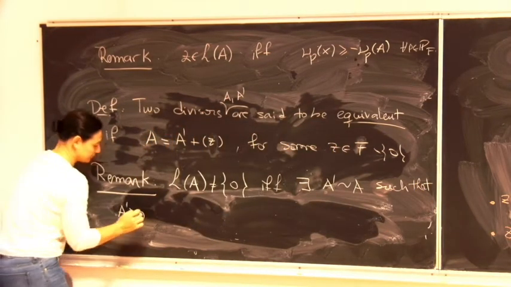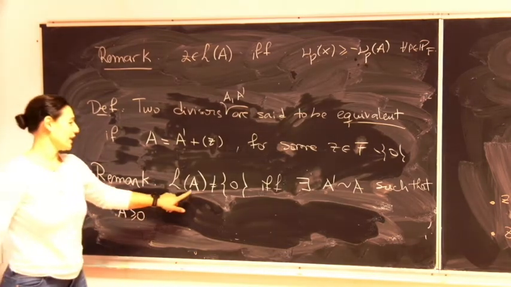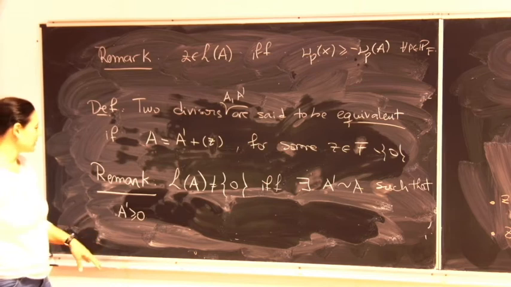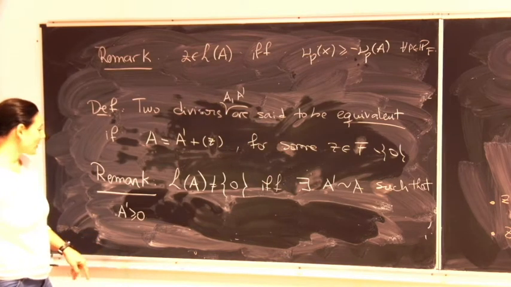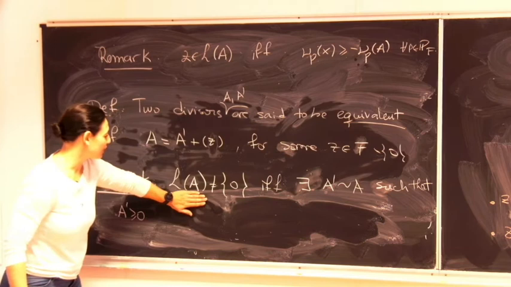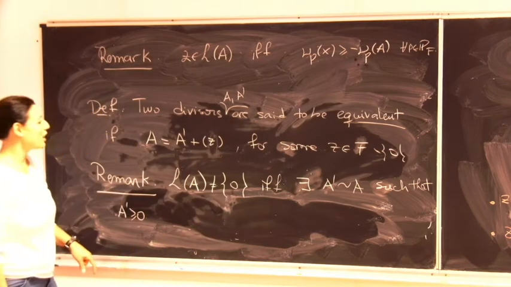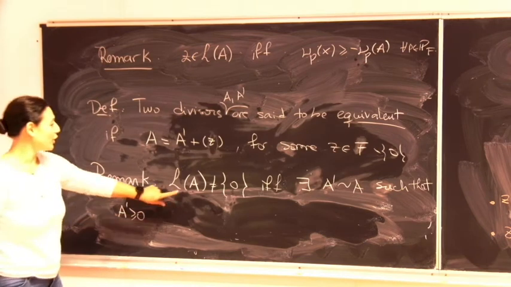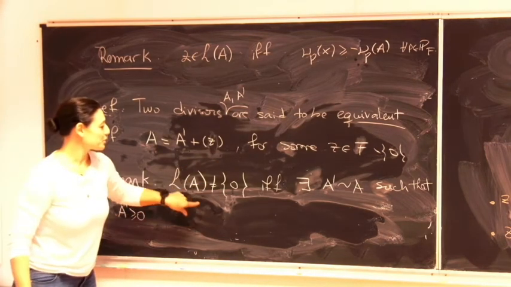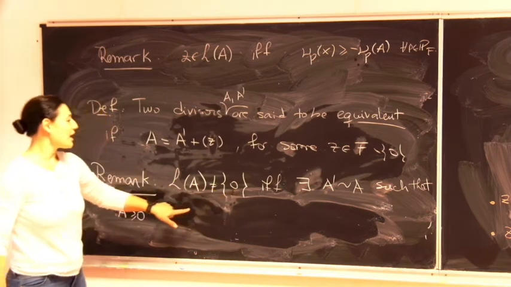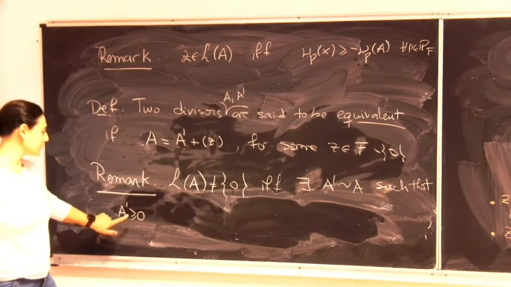So if A is an effective divisor, I'm going to have a non-zero element here, and if not, this is going to be different from the space with the 0 only, the trivial one, if I have an effective divisor.